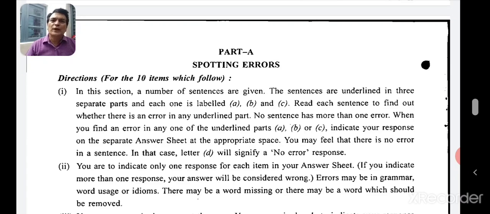In case you don't find any error, then your answer will be no error. If you indicate more than one response, your answer will be considered wrong. Errors may be in grammar, word usage or idioms. There may be a word missing or there may be a word which should be removed.